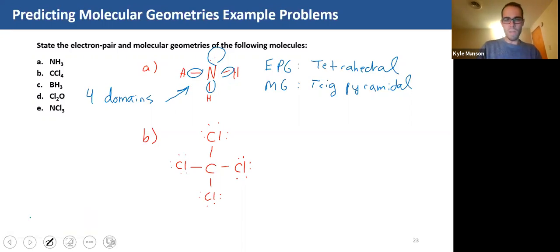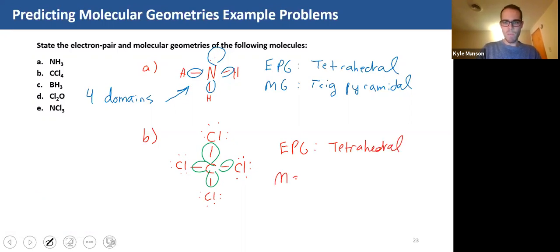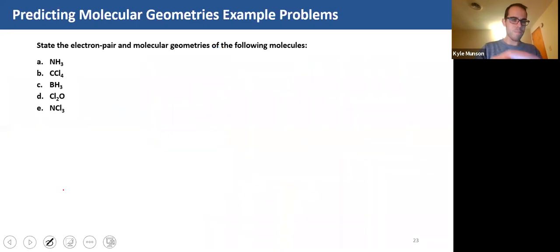So about that carbon, there's 1, 2, 3, 4 domains again. So electron pair geometry is tetrahedral. And because all of those are bonding regions, the molecular geometry is also going to be tetrahedral. So that's how we're going to do these problems. I'm just going to clear all of the ink in the slide, and let's just keep going.